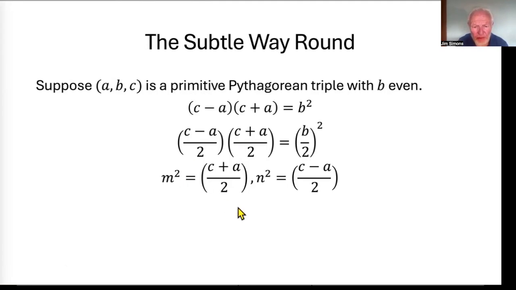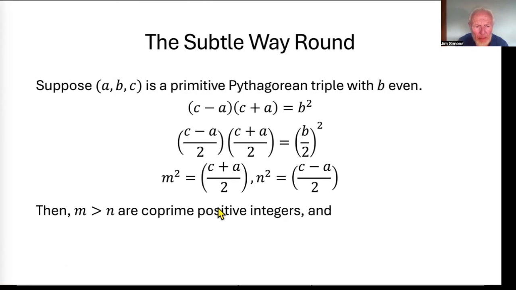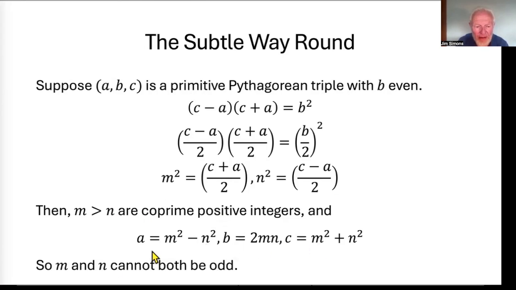Obviously, c plus a is bigger than c minus a. And m and n are co-prime positive integers, as we just observed. m squared minus n squared is a, and so on. So that's easy. And finally, m and n can't both be odd, because if they were, a and c would be even. So we're done.